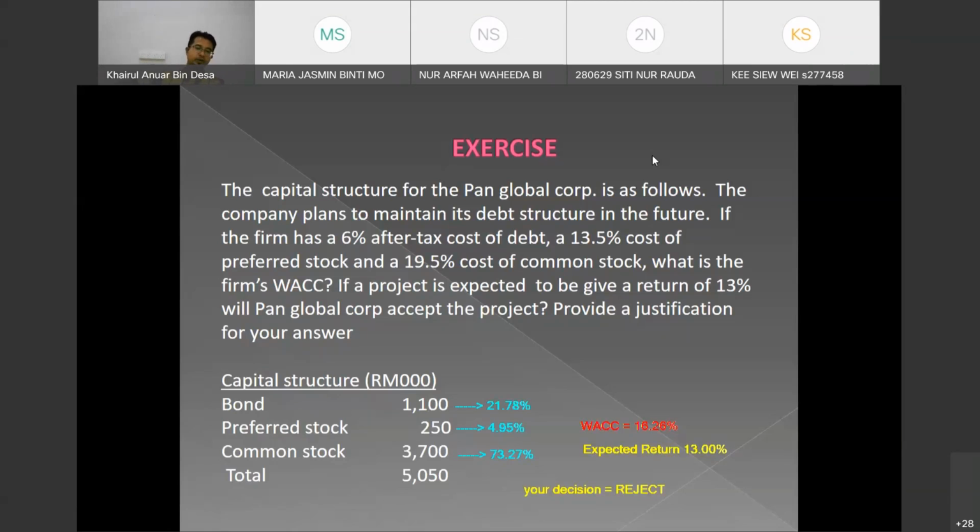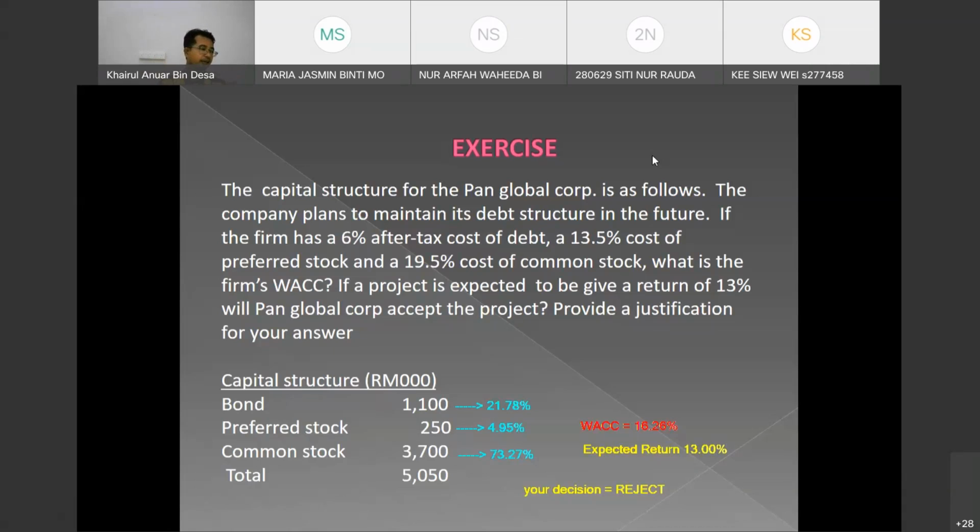We just include debt, preferred share, and common share in our calculation to determine the WACC. So what is the WACC actually? WACC is the required rate of return for the company.